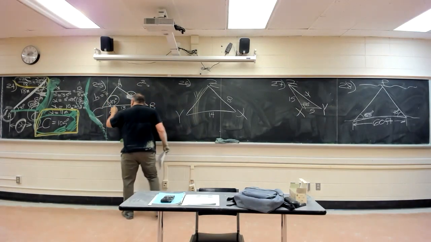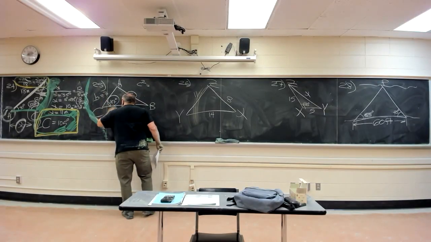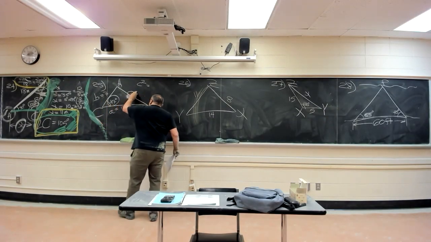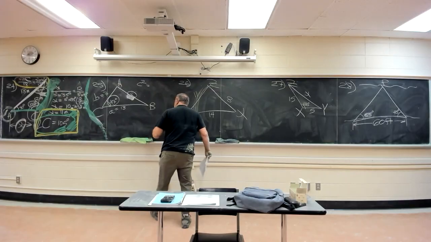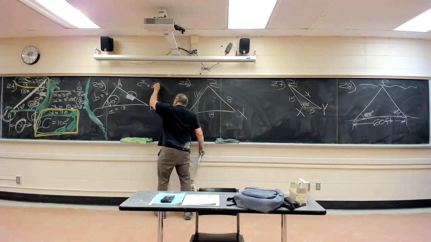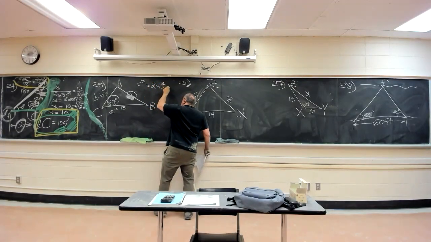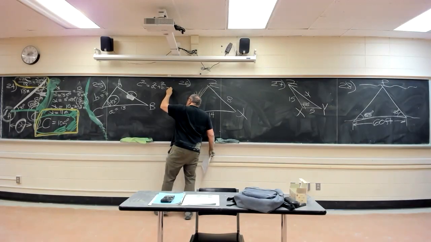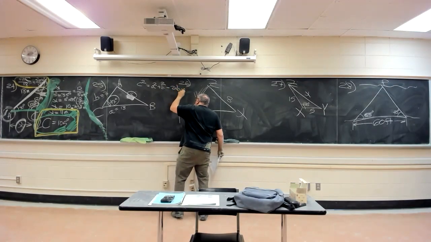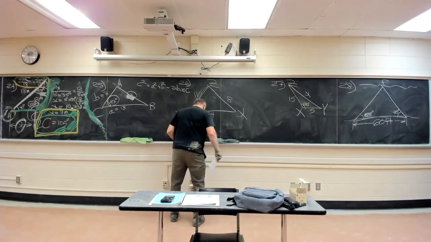But this angle is sandwiched between these two legs, and you're trying to find C. C squared equals A squared plus B squared minus 2AB cosine theta. In this case, the theta is this.